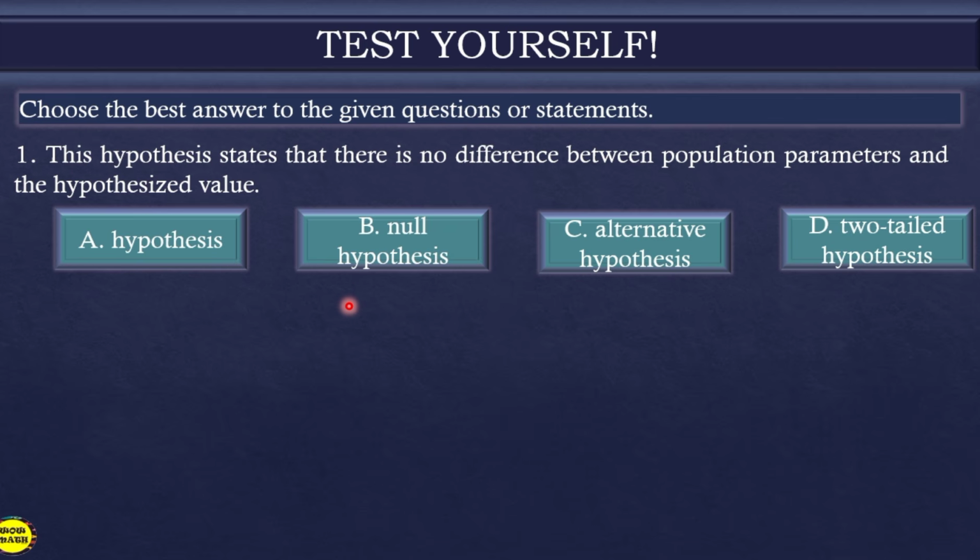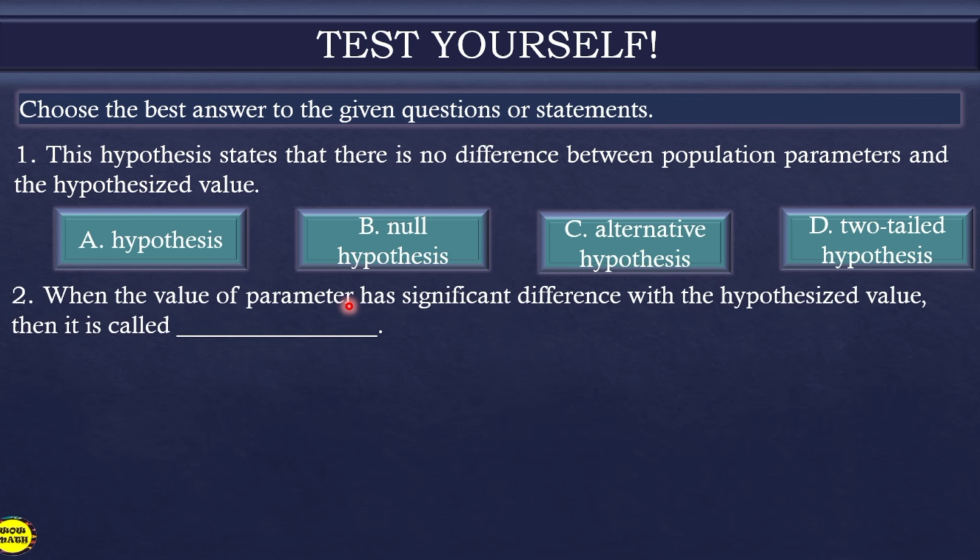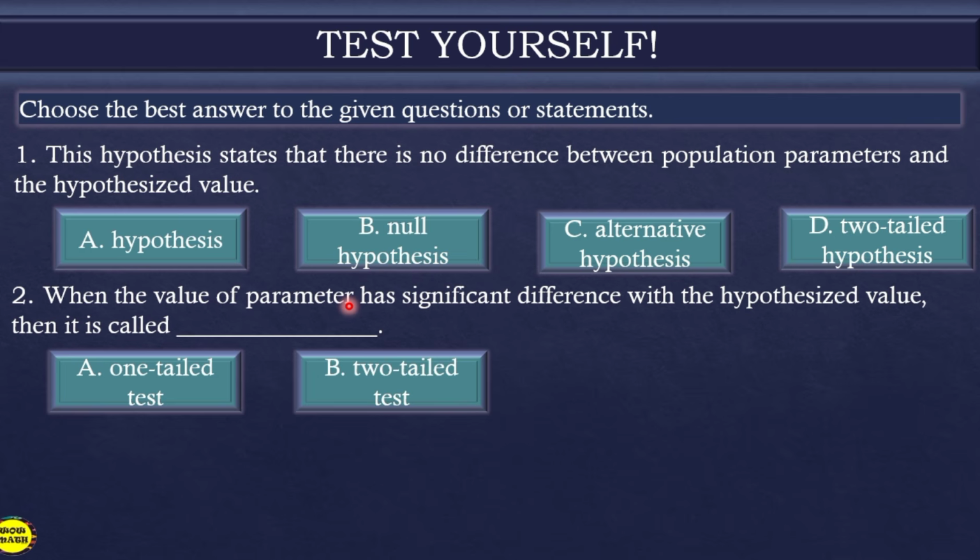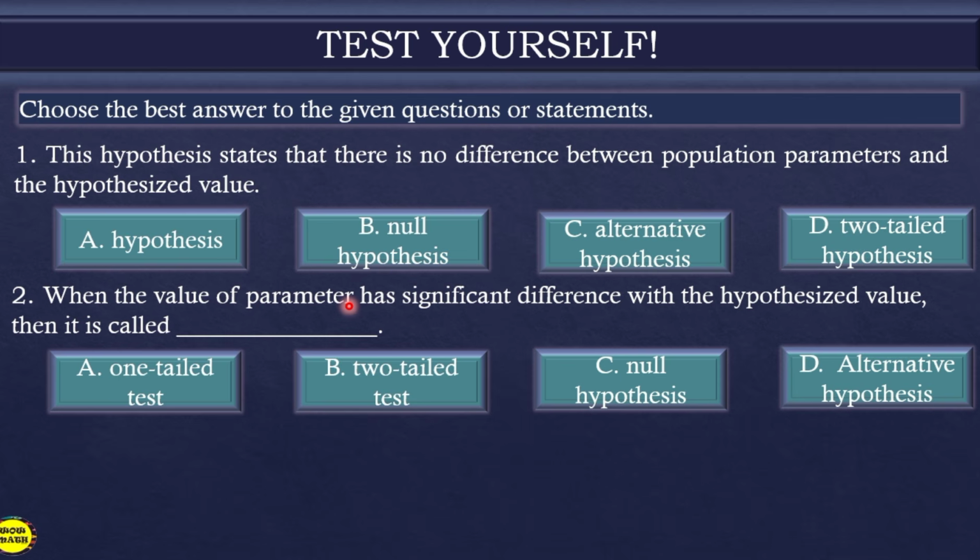Okay, anong sagot natin dyan? Number 2. When the value of parameter has significant difference with the hypothesized value, then it is called blank. A, one-tailed test. B, two-tailed test. C, null hypothesis. And D, alternative hypothesis.